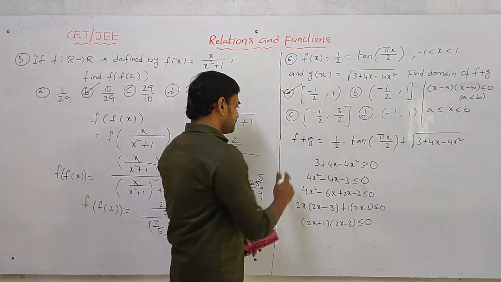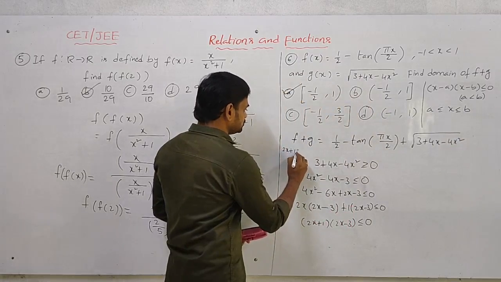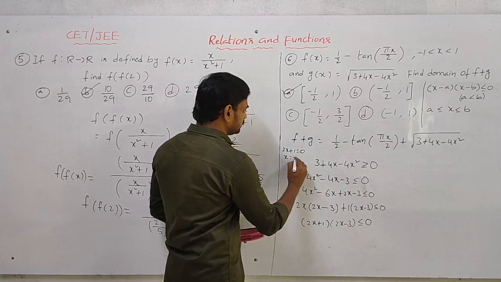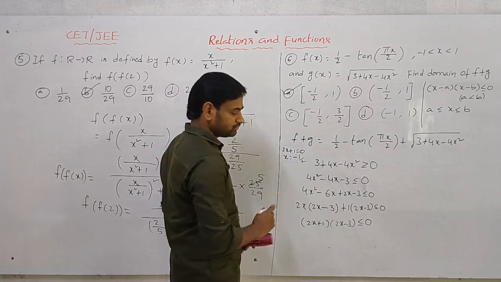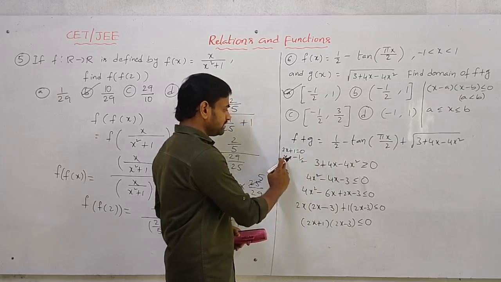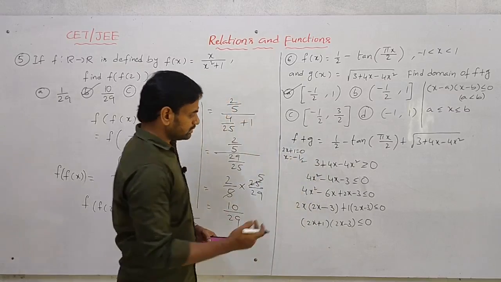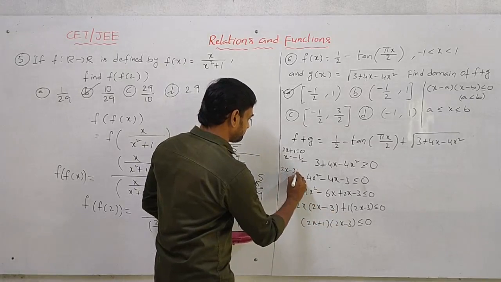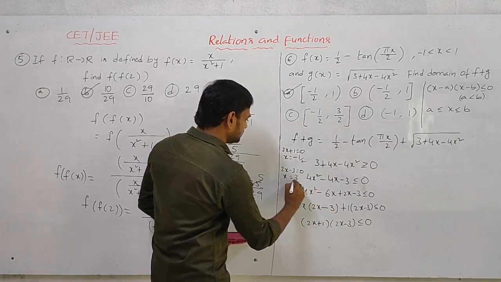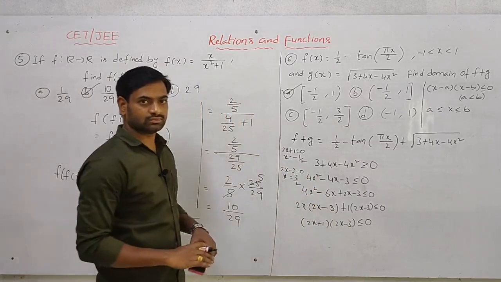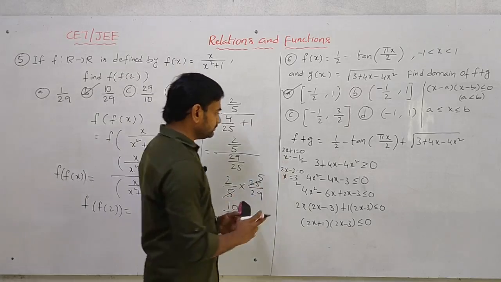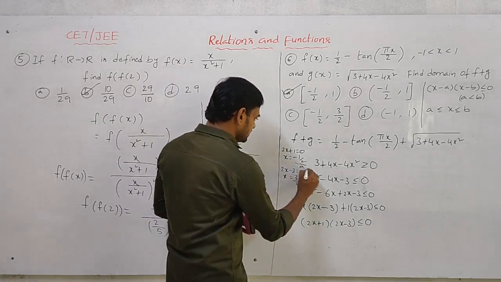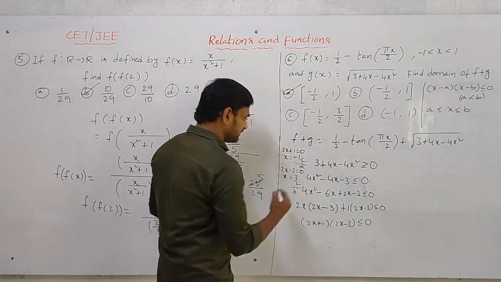So here, if I take 2x plus 1 equal to 0, 2x equal to minus 1, x equal to minus 1 by 2. If I take 2x minus 3 equal to 0, x equal to 3 by 2. That means this is the a value and this is the b value.